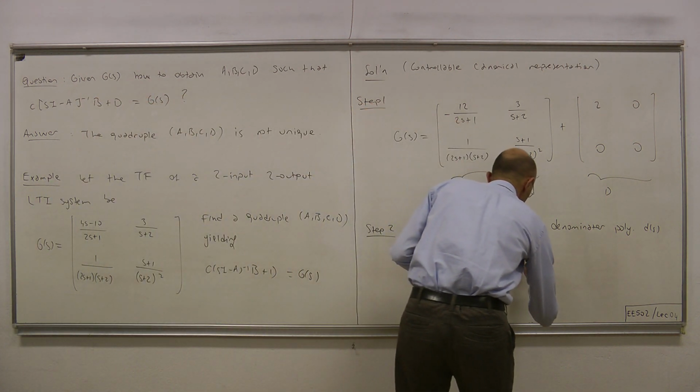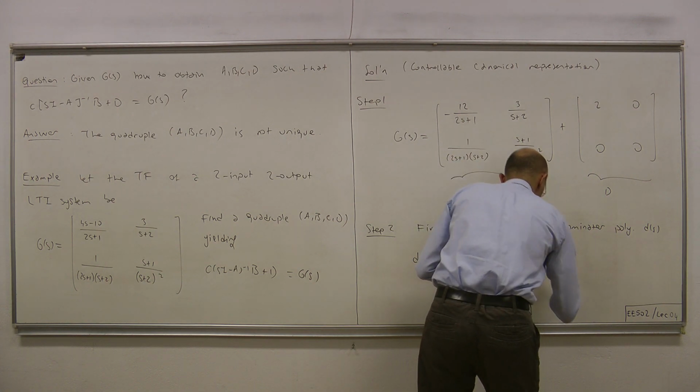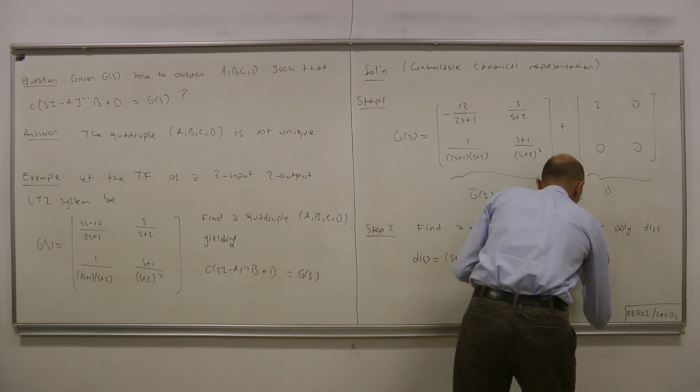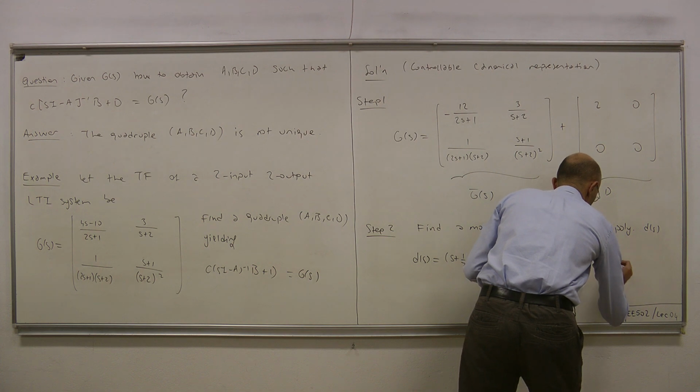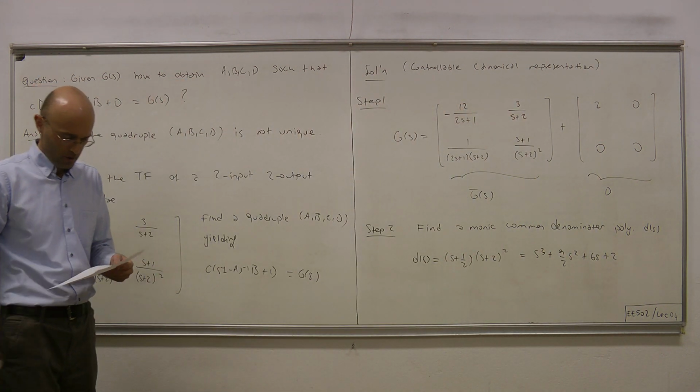And in open form, it reads as follows: s cubed plus 4.5 s squared plus 6s plus 2. Okay, step 2 is over.